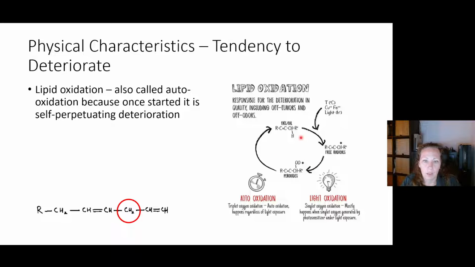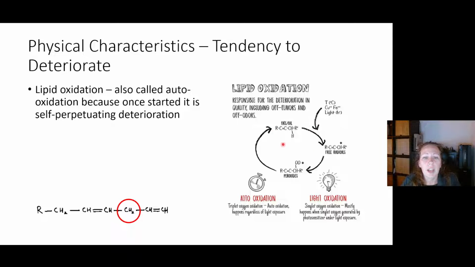So you have these hydrogens that are on the lipid molecule, and specifically the hydrogens on the carbon that is bound to a carbon that has a double bond. So not the carbon with the double bond, but the carbon next to it. It has two hydrogens on it.